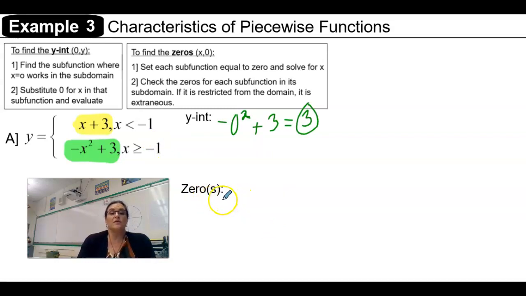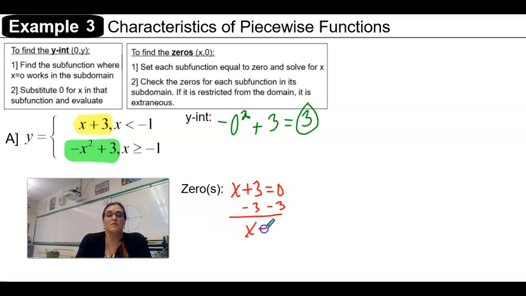So first I'm going to start with my linear subfunction, which is x plus 3, and I'm going to set that equal to 0. Then when I subtract 3 from both sides, I'll have x equal to -3. So let's fix that equal sign there. So x equal to -3.